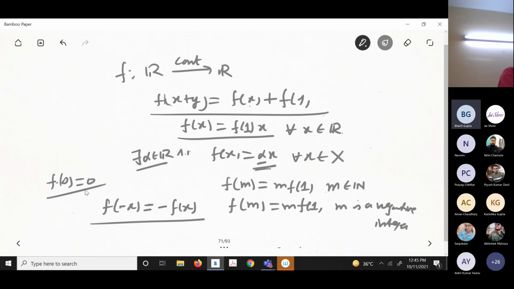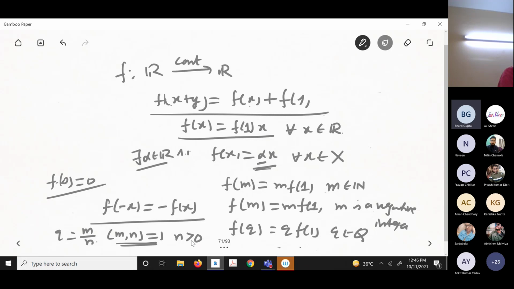By using this, you can prove that f(q) equals q f(1) if q is rational. Take q equal to m by n, with q not equal to 0, m and n relatively prime, meaning their highest common factor is 1, and n greater than 0. To prove this, take m equal to nq.